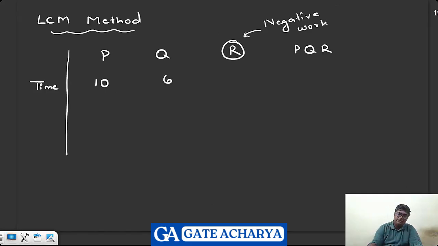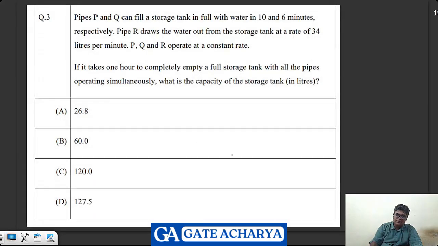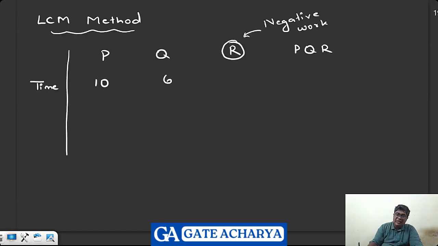One more thing, when all three pipes are engaged, that is something mentioned here: it takes 1 hour to completely empty a full storage tank with all the pipes operating simultaneously. So when PQR, all three pipes, are on, the tank is not getting filled up, rather the tank is getting emptied. So PQR together is also negative work.